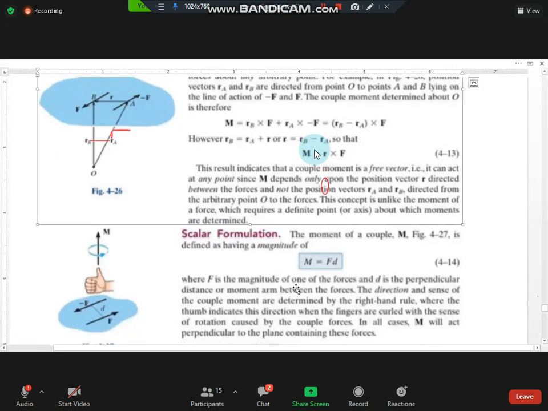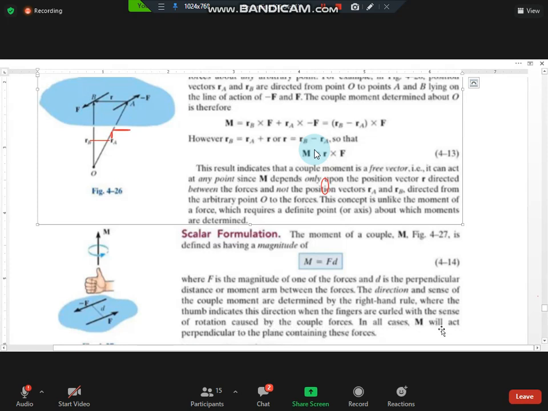F is the magnitude of one of the forces and D is the perpendicular distance or moment arm between the forces. The direction and the sense of the couple moment are determined by the right hand rule, where the thumb indicates the direction, and the fingers are curled with the sense of rotation caused by the couple forces.